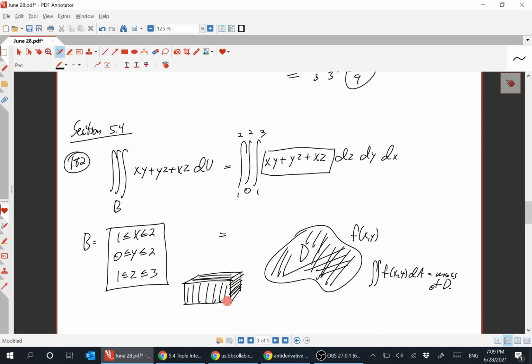Well, you can't say it represents some four-dimensional volume unless you're really kind of into that. What you've got is this density function right here. So this is a density function for every point in that box. And now the triple integral is the integral of the density function over volume, which gives you the mass. Right? So that really is the sort of operative way of thinking about what a triple integral is. It no longer has just a geometric interpretation. You've got to add a little bit of physics to it.